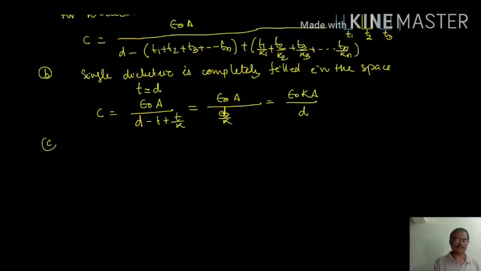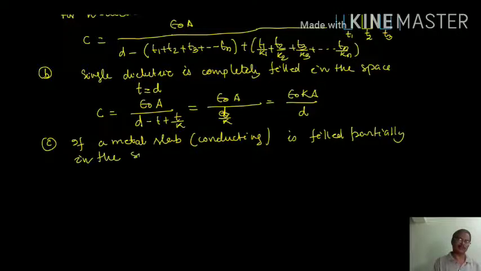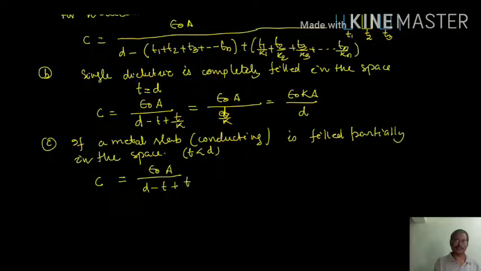Third case, if a metal slab, which is conducting, is filled partially in the space, then capacitance C is equal to, here t less than d, epsilon 0 A by (d minus t plus t by K).